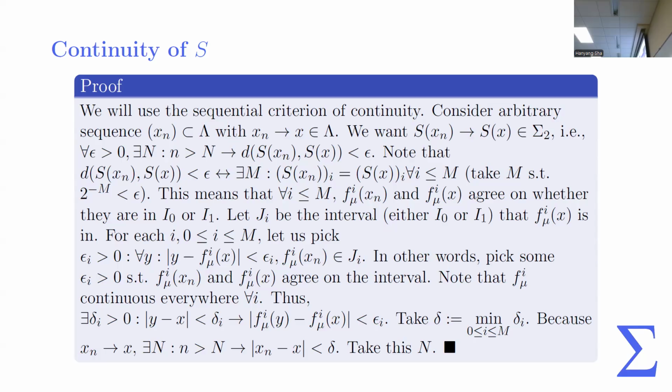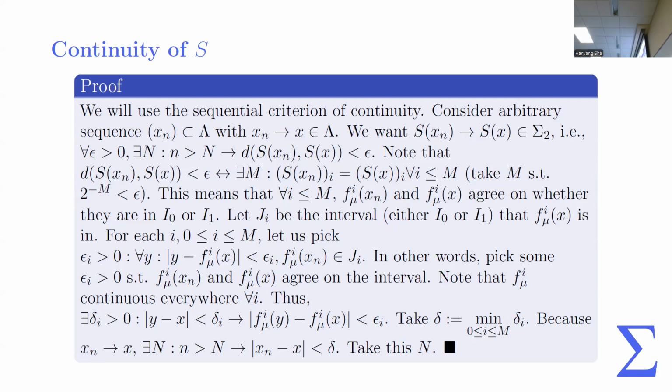And again, we use the critical observation that these two having distance less than epsilon means there exists some m where the first m bits of these two agree. I even said take m such that 2 to the minus m is less than epsilon.